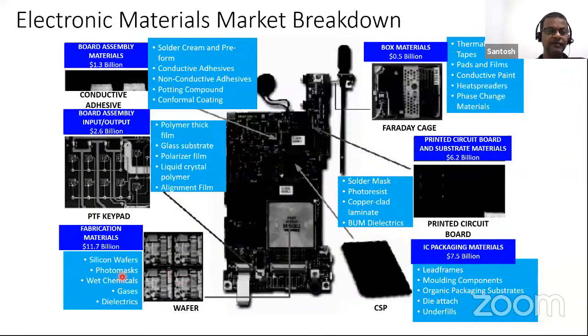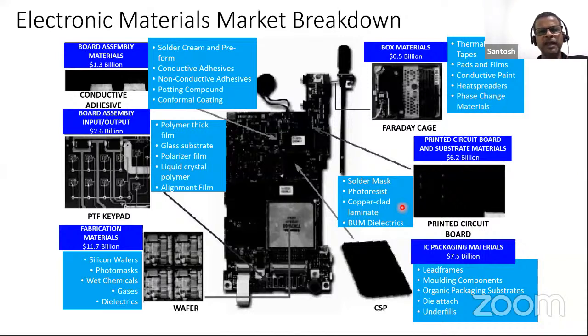Then on the wafer side, we have silicon wafers, photo masks, wet chemicals, dielectrics. On the packaging side, we have lead frames, molding compounds, organic packaging substrates, die attach and underfills. And we also have thermal interface materials, heat spreaders, phase change materials, solder mask. So this industry is a multi-billion-dollar industry. There are so many materials coming into the picture to form a final electronic packaging component.